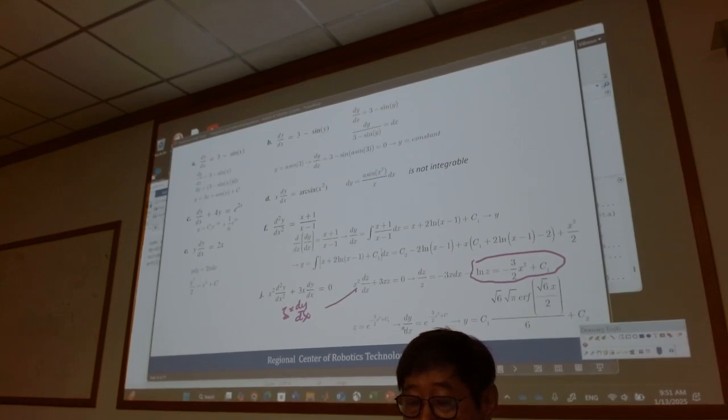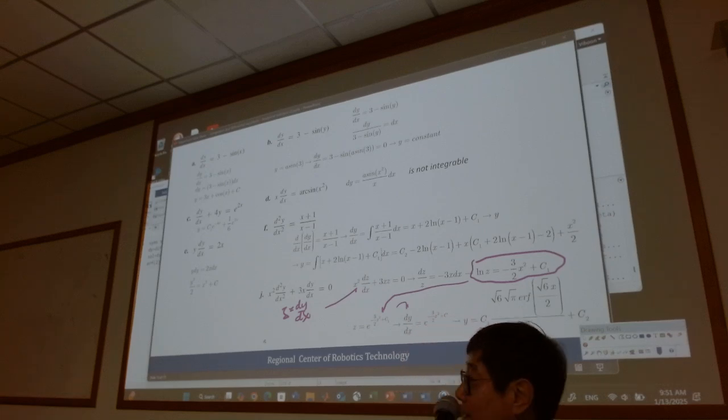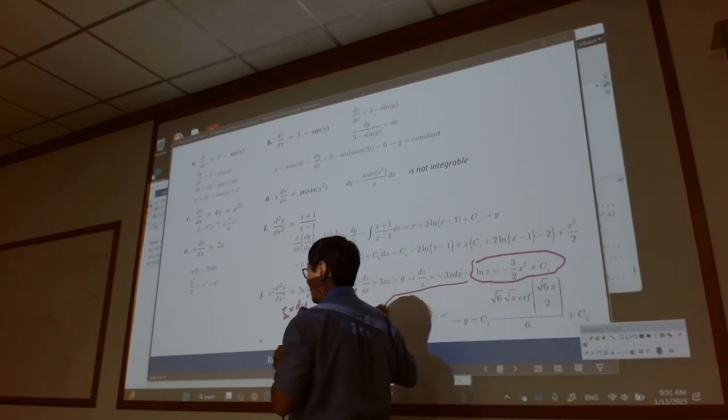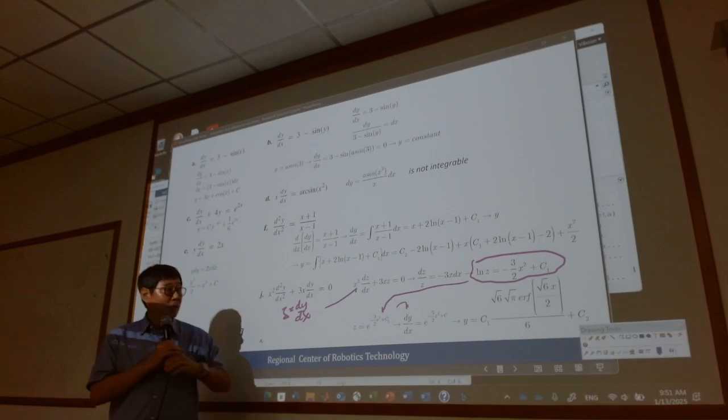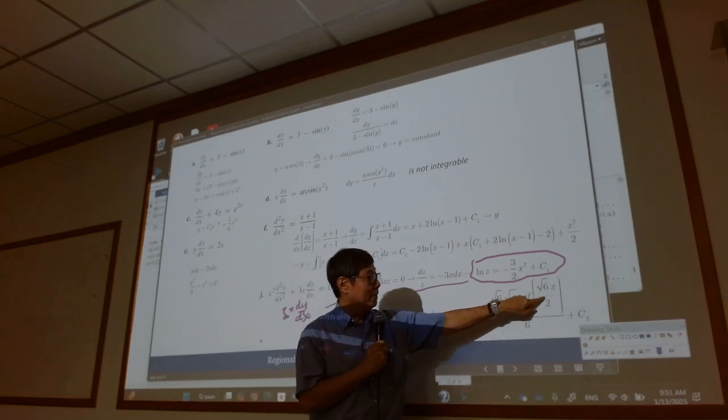And z equal to this one. Because you have to find y, you integrate dy by dx equal to this one. Definitely you have e to that, and this one has other functions.